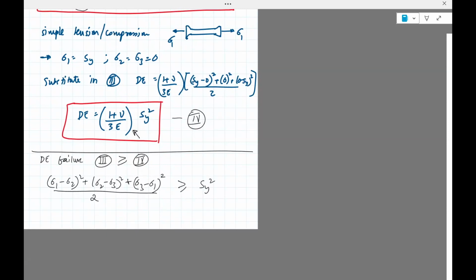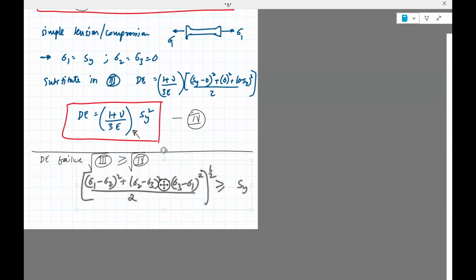I'm going to do a step where instead of trying to keep it this way in terms of squares, I think I'm better off just taking the square root here. So this will drop off. And then I'll have to put this all under a square root sign. And actually, I would like to define a new quantity called sigma prime. So let's call this whole thing, just move it.